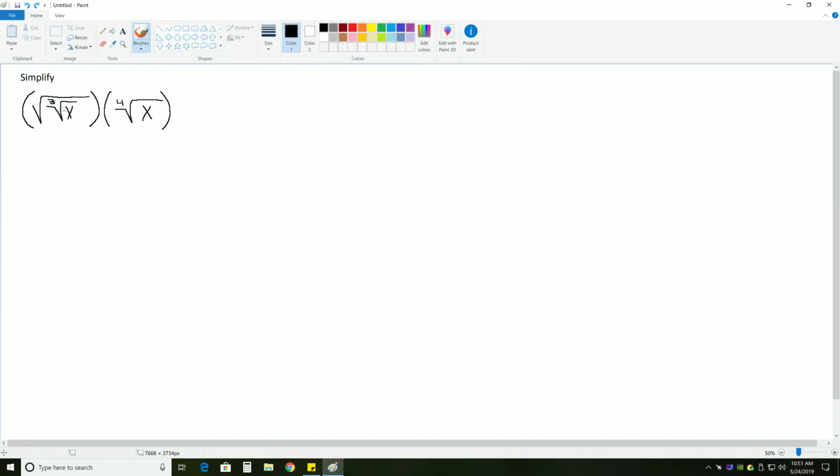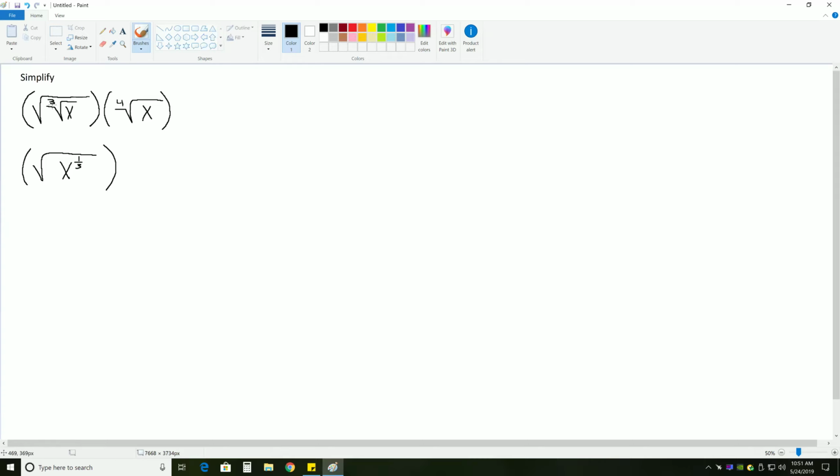Whenever we deal with a problem like this, just like order of operations or PEMDAS, we want to start with the innermost part of the problem and then work our way to the outside. So we're going to copy down the square root with its parentheses again. But inside of it, we want to change it to a rational exponent. So the cube root of x is the same thing as x to the 1/3 power.